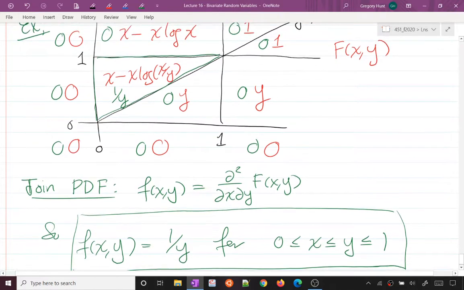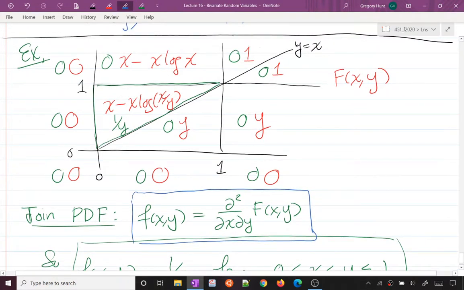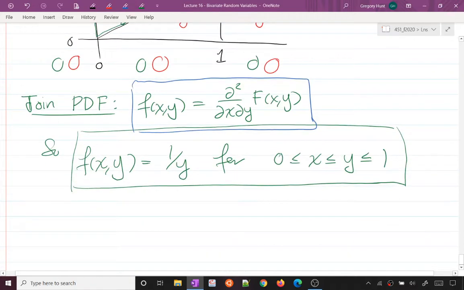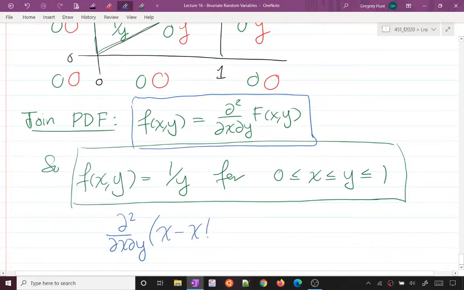You can do the derivatives, but to get those values, all I did was some partial derivatives, right? If it just involves x or y, or neither, it's going to go to 0. And if I take the derivative with respect to x and y here, the only hard thing you need to show is, let's say, take derivative of x minus x log x over y, right?